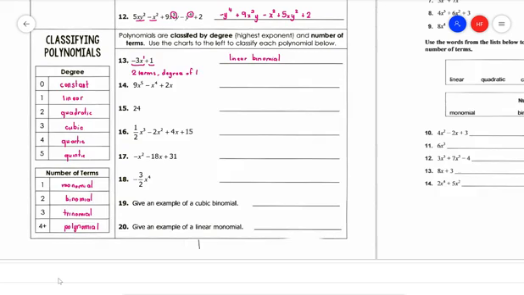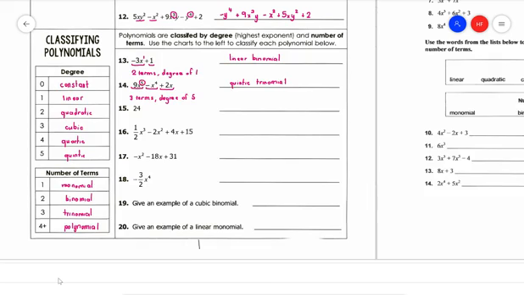On 14, we have 1, 2, 3 terms. And my highest exponent is this one here, that 5, which means that the degree is 5. So we have a quintic trinomial.